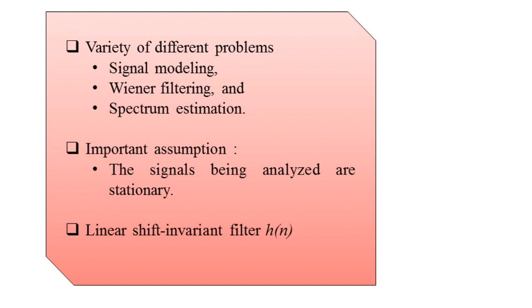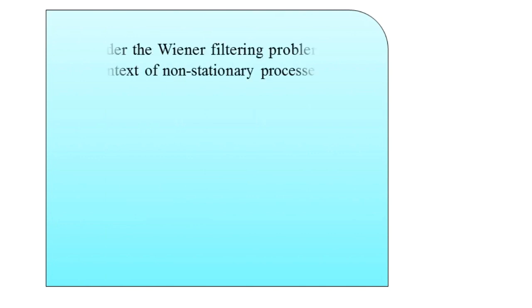Let us discuss one point from the previous chapter, the Wiener filter design. Considering the Wiener filter design that we just covered in the previous chapter, linear prediction and optimum linear filters, the context can be within the scope of non-stationary processes here.